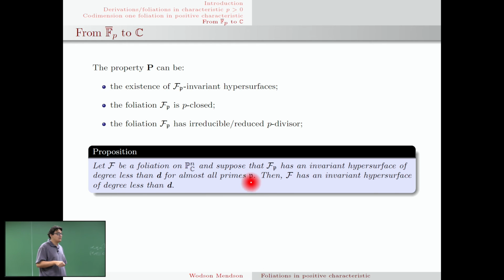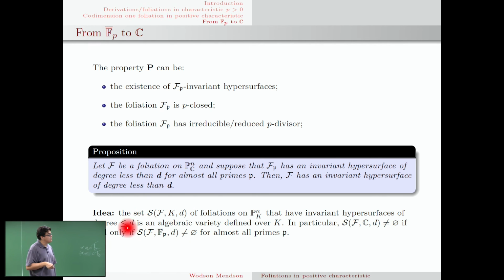And black D is not the degree of F. No, black D is just the degree of the hypersurface, the bound. It's a number. Then F has an invariant hypersurface of degree less than black D.